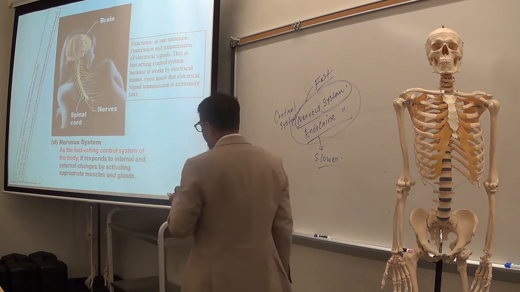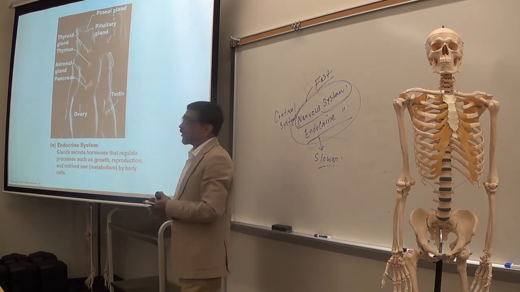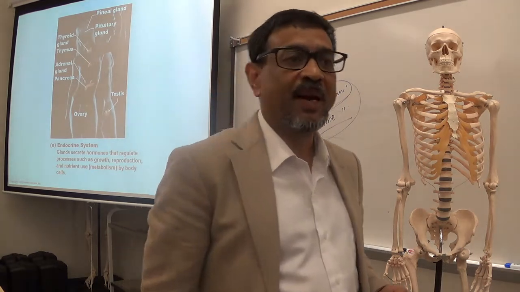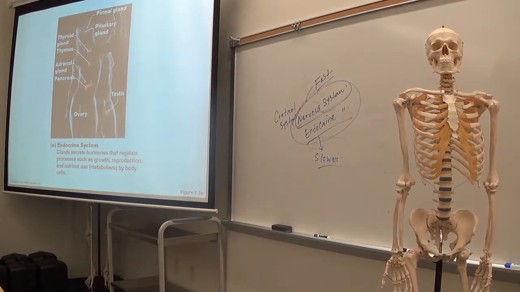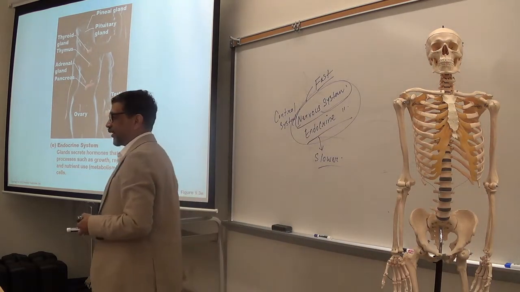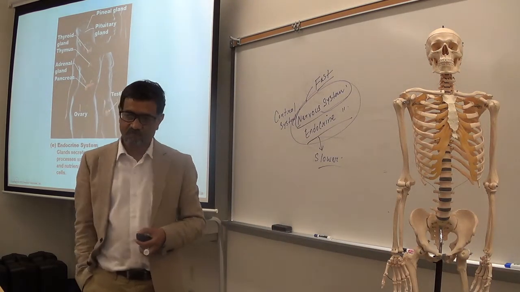And endocrine system consists of a number of glands, endocrine glands. And glands produce what? Hormones. So I said that they work through the hormones by producing and releasing the hormones.